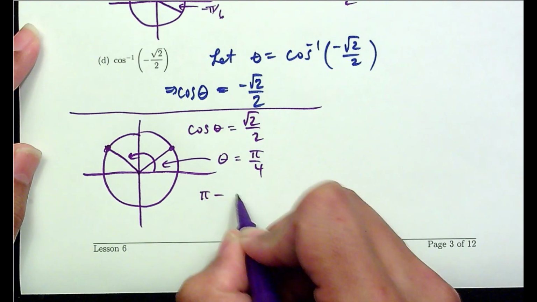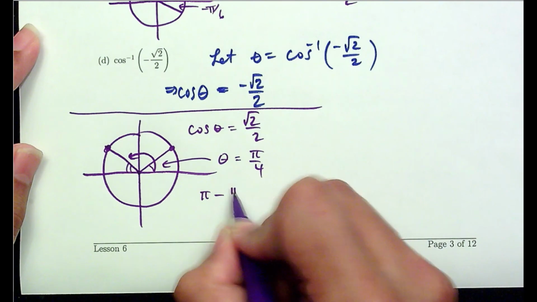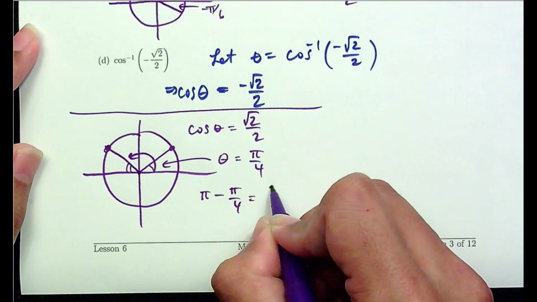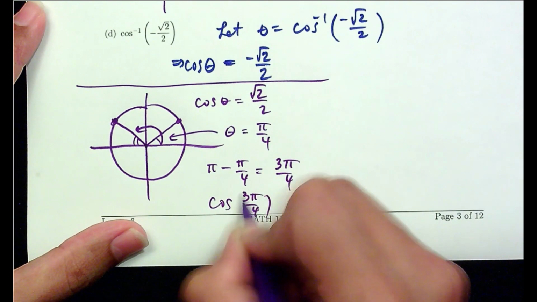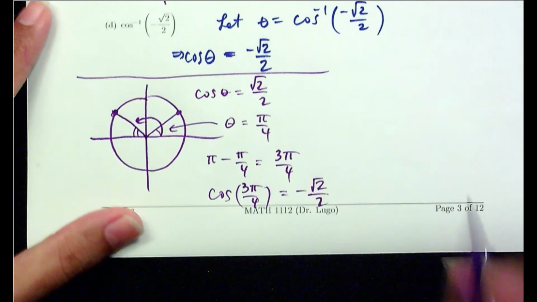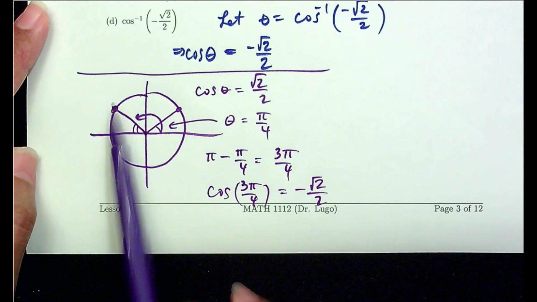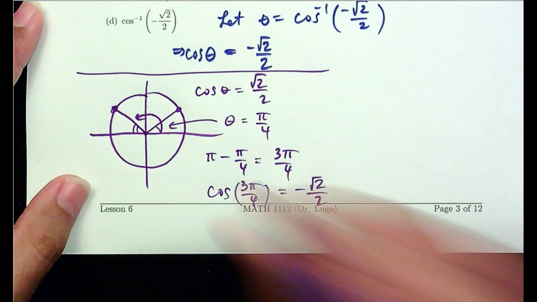That angle is pi minus pi over 4, which is 3 pi over 4. In other words, the cosine of 3 pi over 4 is negative square root of 2 over 2. Cosine is the x-coordinate and it's on the left. It's negative. So that is the actual answer.